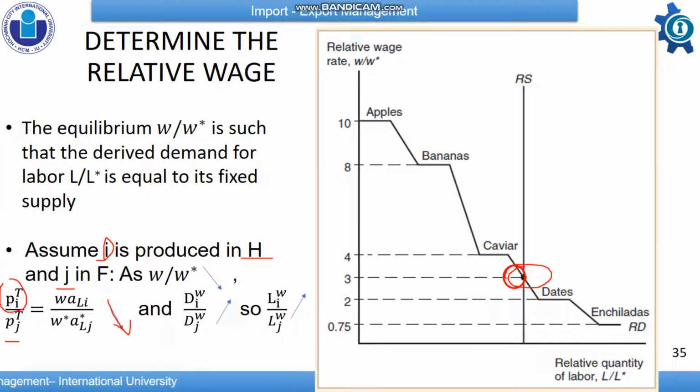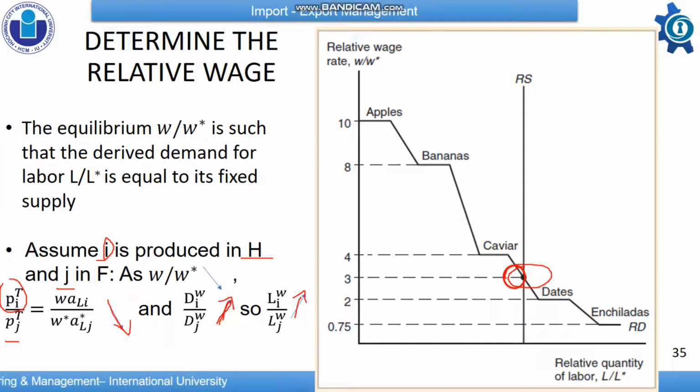Okay, because I is produced in home and J is produced in foreign. And the relative demand of product I to product J is increased. So the relative labor of I will increase. Okay.